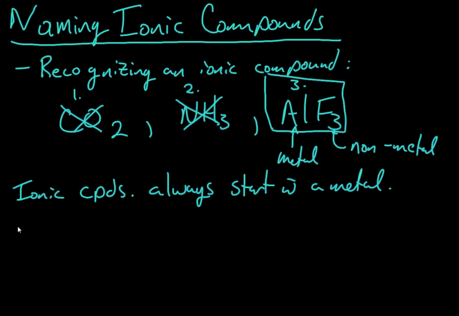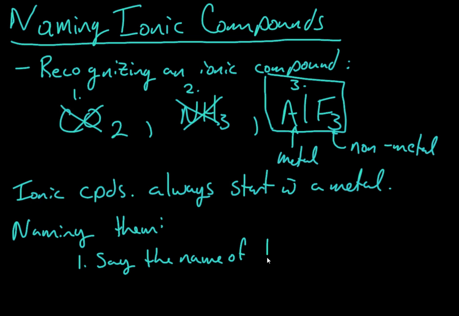Okay. So naming them, it's actually pretty easy. Naming them. So what do you do? One, say the name of the metal. So in the case of this, that would be aluminum. Or the correct way is aluminium.